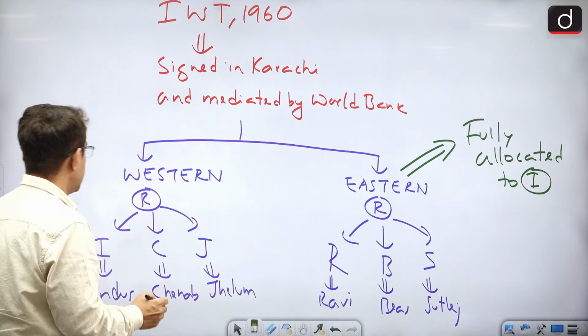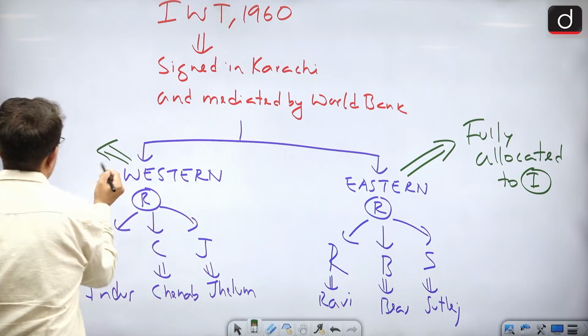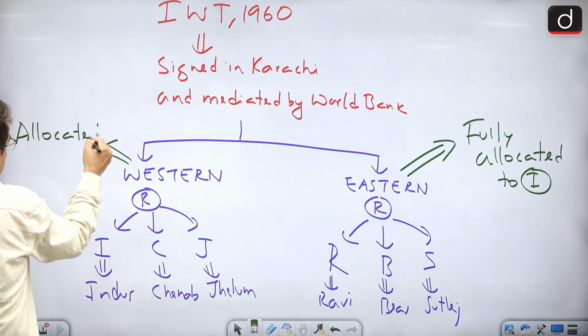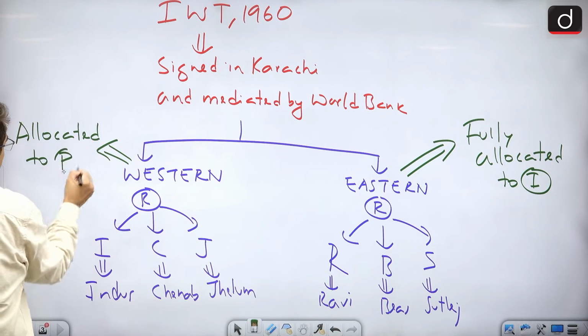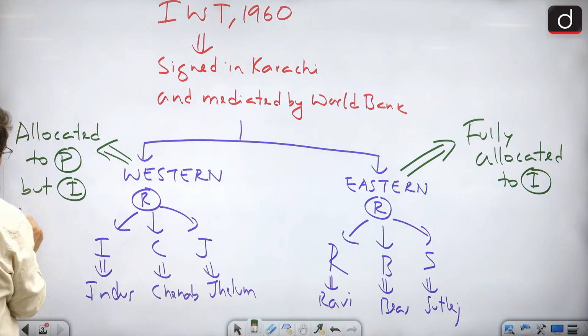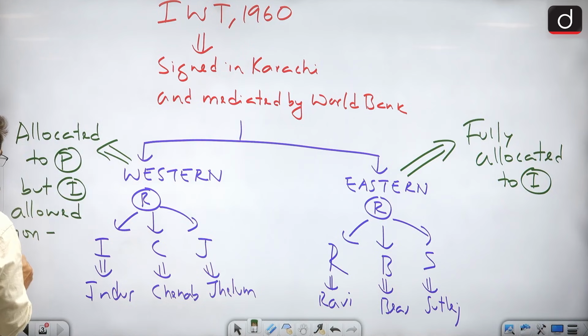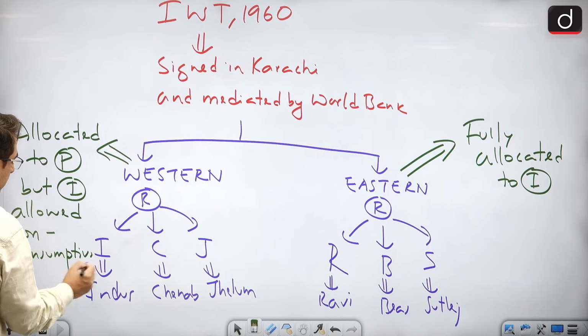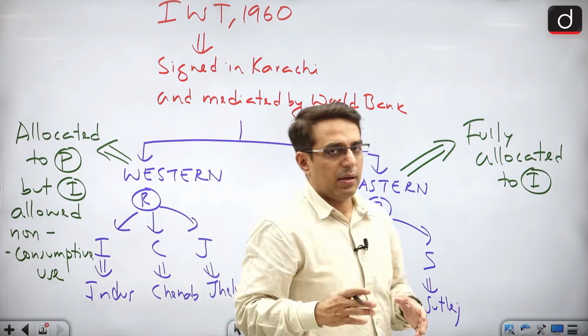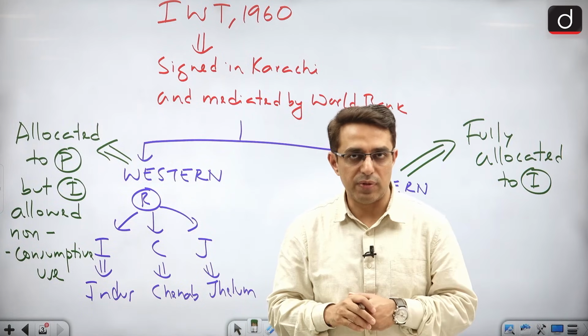For the western rivers, it was said that they will be allocated to Pakistan, but India was also allowed non-consumptive use. Non-consumptive use. So what is the meaning of non-consumptive use? Non-consumptive, that is, India cannot consume the waters of these rivers.